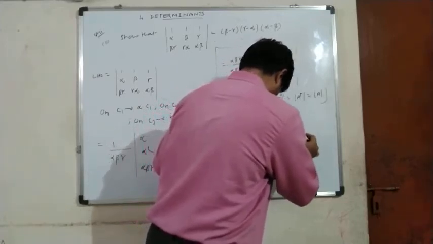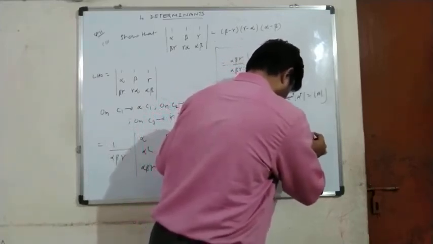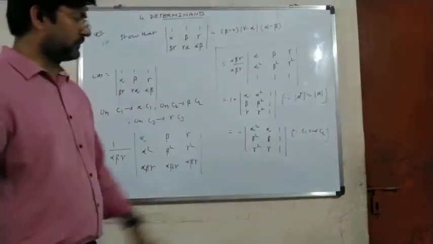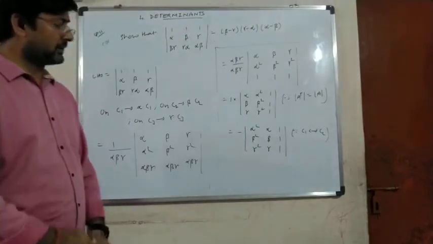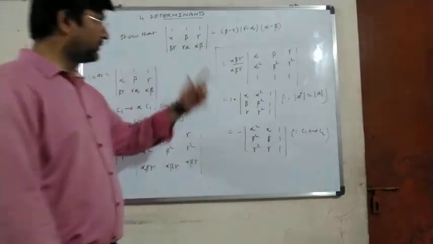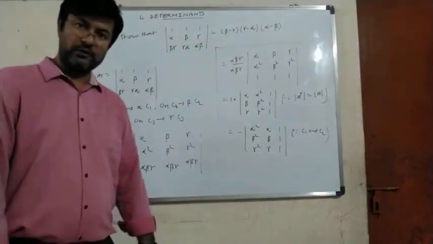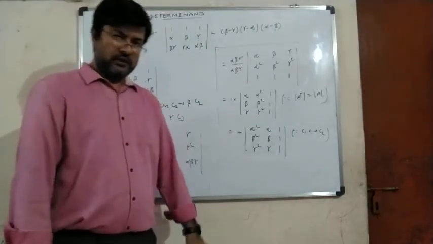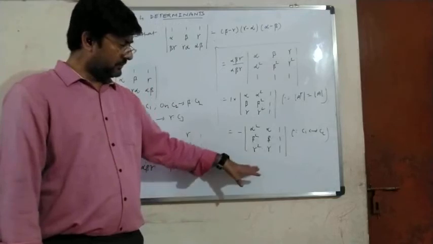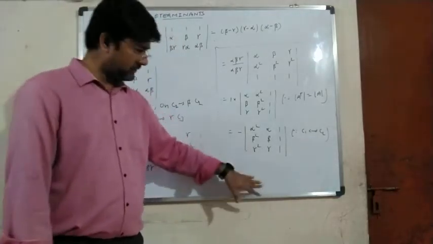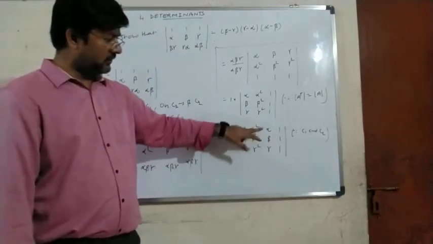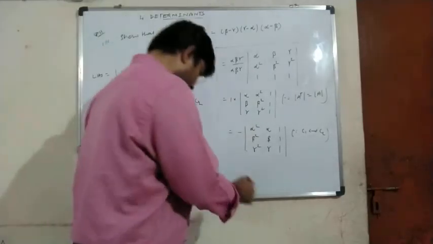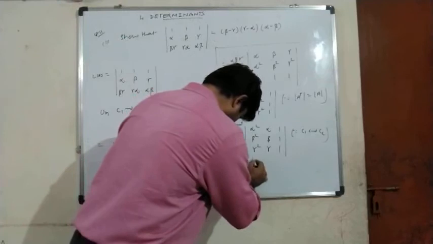Okay, since we have interchanged the first and the second row, the sign will be minus. Now the value of this we know. Now the previous question we will use as a result. Okay, or if you want to do steps, you can follow the same steps. Okay, subtracting R1 minus R2, and R2 minus R3. In that way you can proceed.